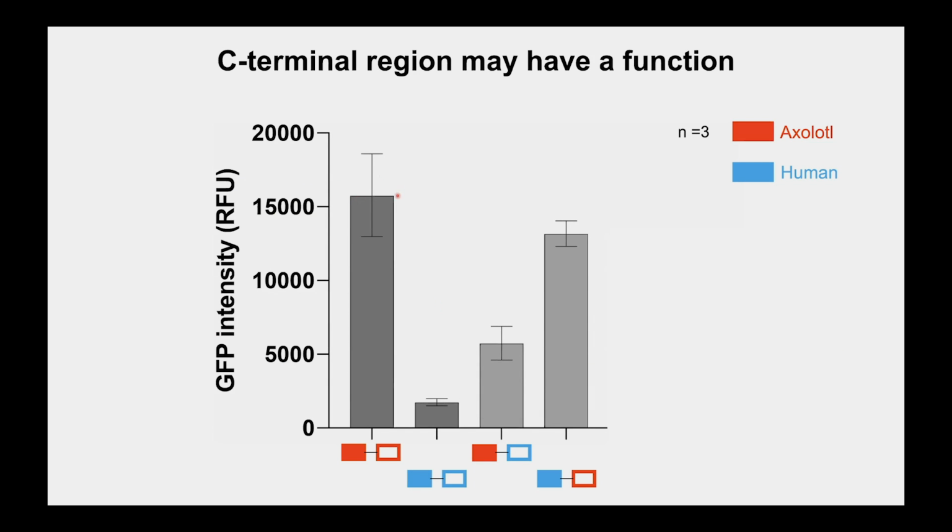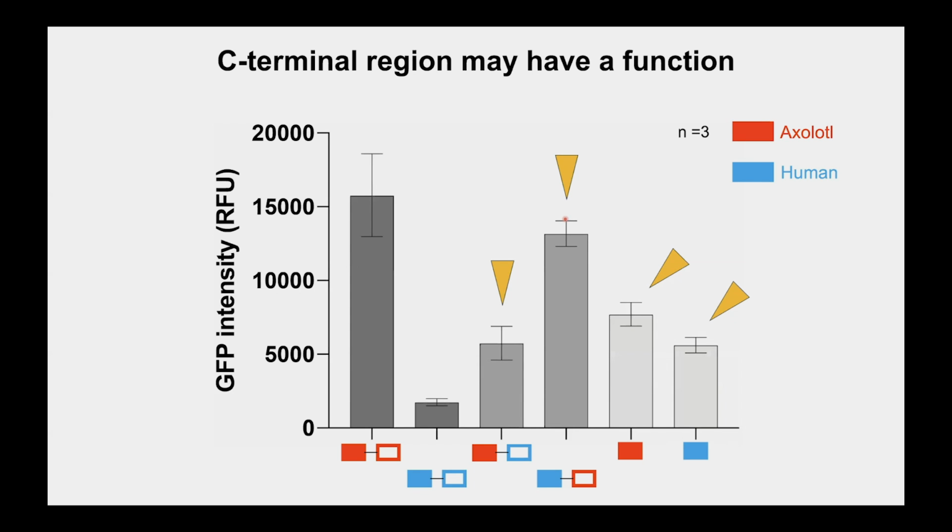Here's the axolotl full-length protein. Here's the human full-length protein. Interestingly, when you hook the axolotl N-terminus to the human C-terminus, you reduce the secretion of the axolotl protein. But when you hook the human N-terminus to the axolotl C-terminus, you have almost normal wild-type levels of secretion.